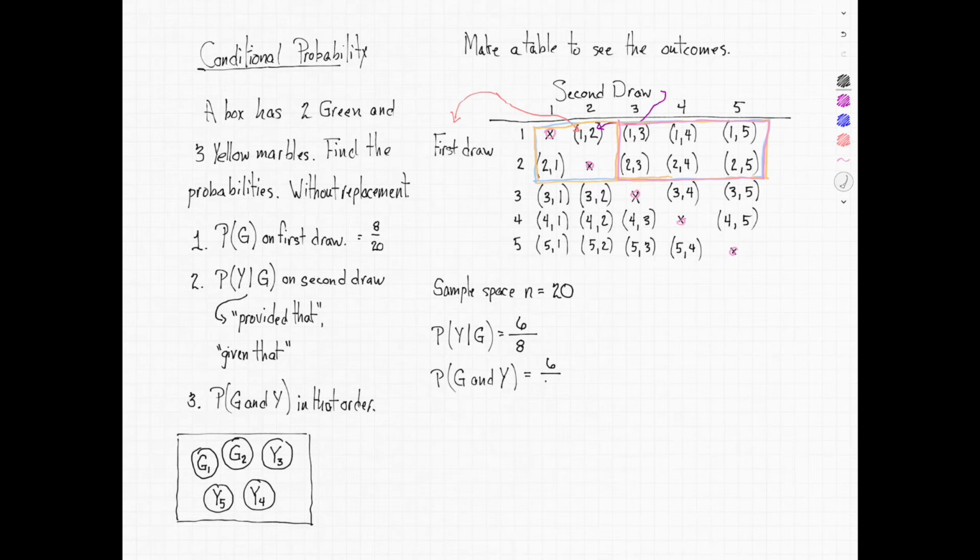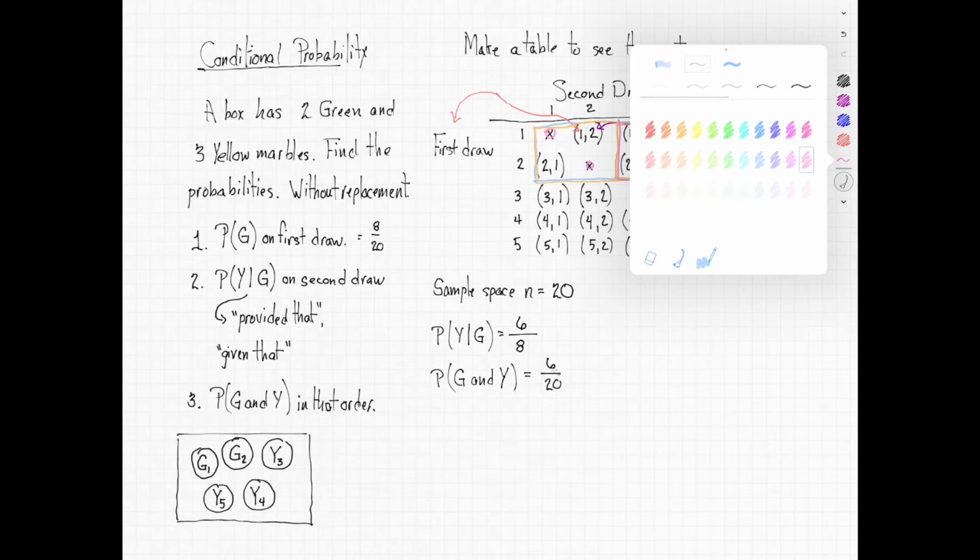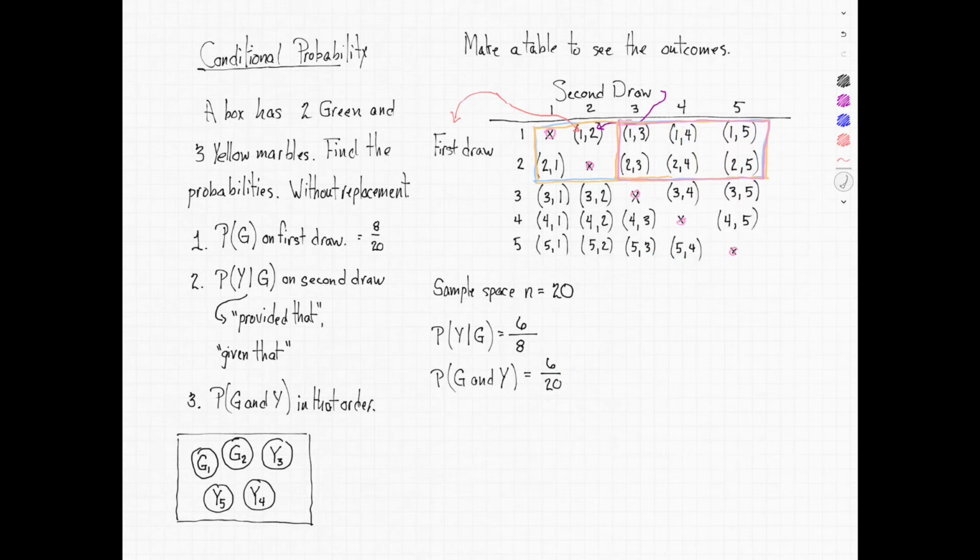There's only those 6 out of the entire 20. I'll highlight that again to bring attention to that box. It's this box right here. Again, these 6 are the only 6 where you had that order of one and then the other.